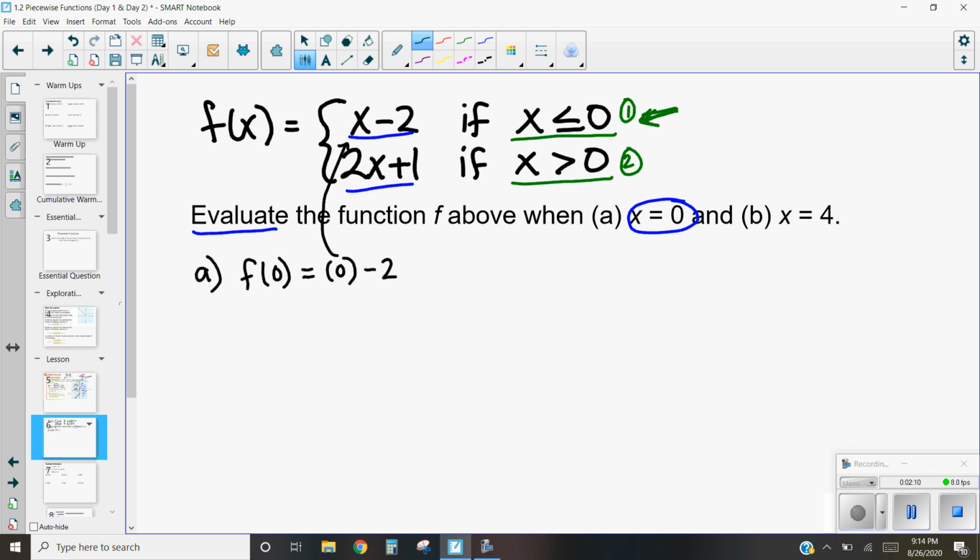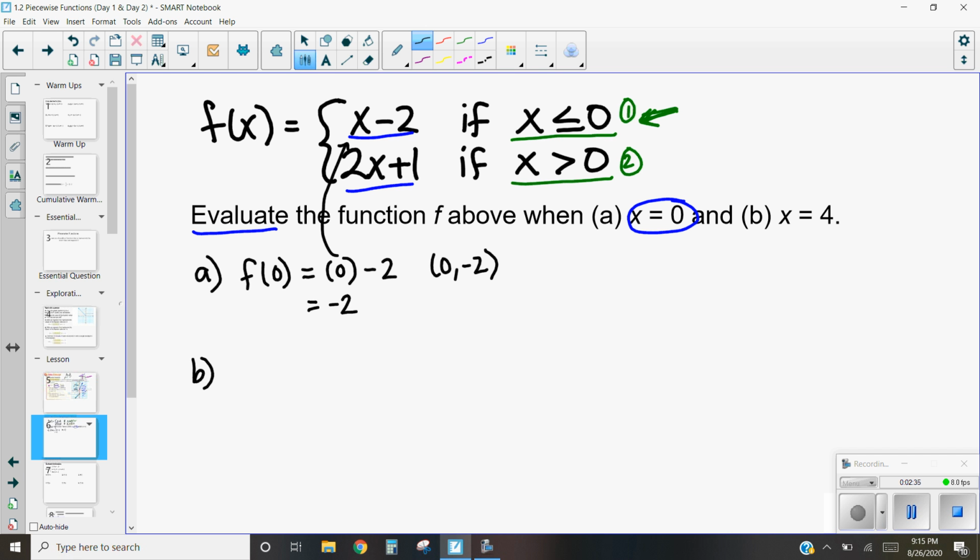Solving that, 0 minus 2 is just negative 2. That tells me there is a point on this function at 0, negative 2. If I were to look at this function on a graph, at x equals 0, I would find the function exists at negative 2. That's as simple as that.